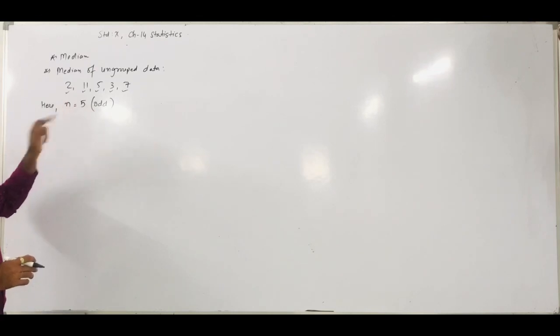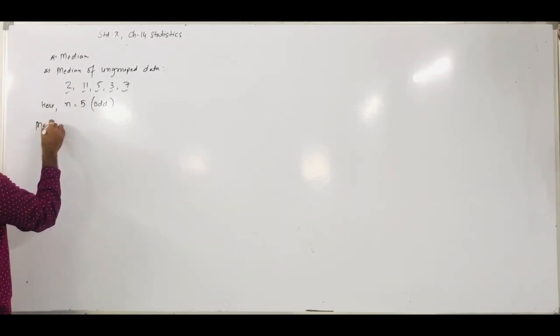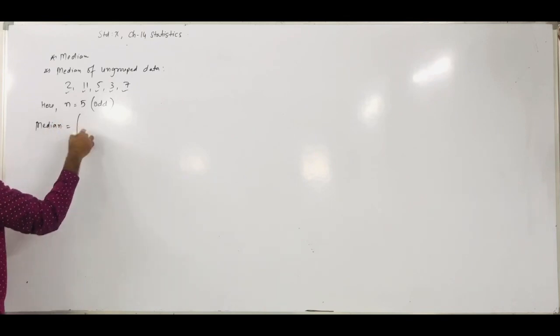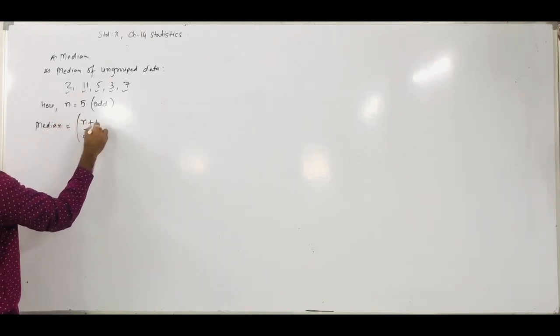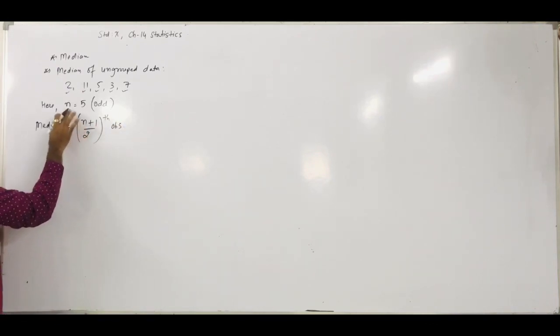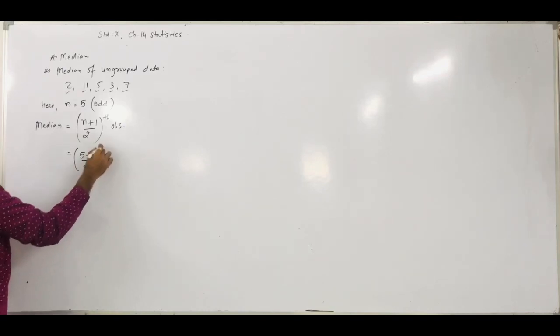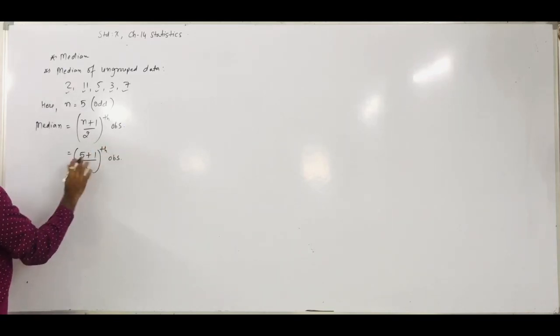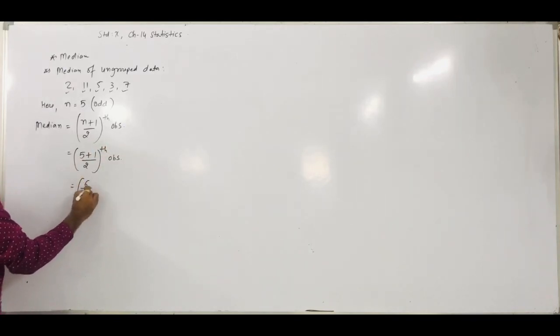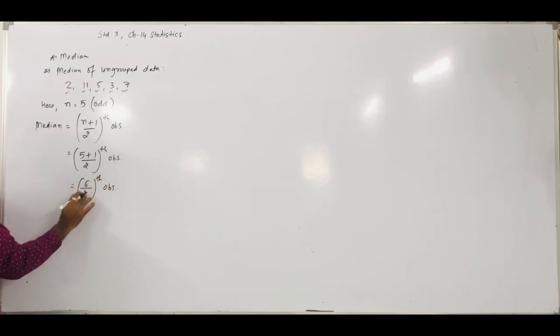Whenever the number of observations is odd, the median formula is the (n plus 1) divided by 2 th observation. Here n is 5, so we get (5 plus 1) divided by 2, which is 6 by 2, the third observation.